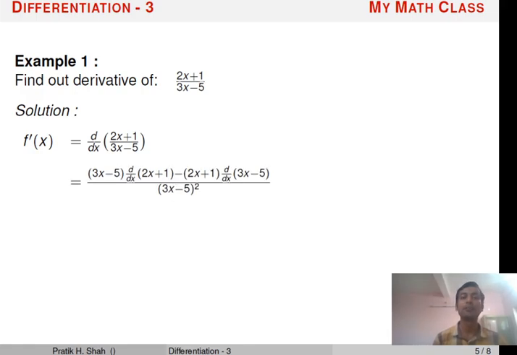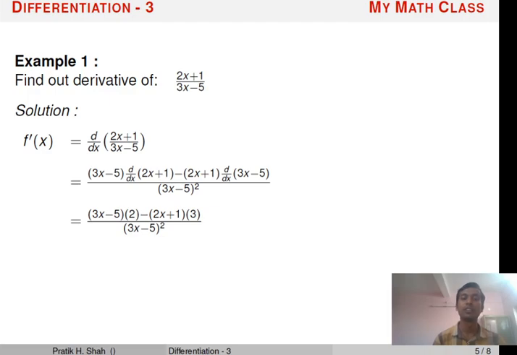Now applying the division rule: denominator 3x minus 5 as it is, into derivative of numerator 2x plus 1, minus numerator 2x plus 1 as it is, into derivative of denominator 3x minus 5, divided by denominator square, it means 3x minus 5 whole square.